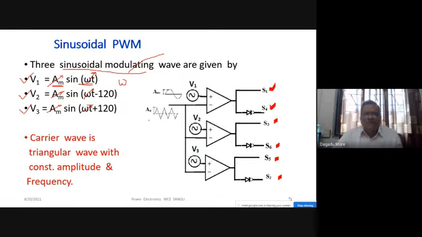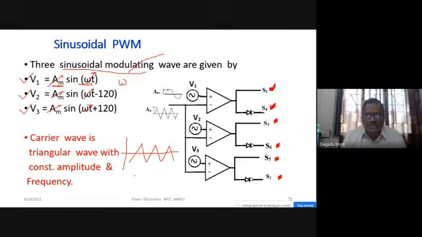Another wave we call the carrier wave. For this we require only one carrier wave, which is a triangular wave with a fixed amplitude and fixed frequency.